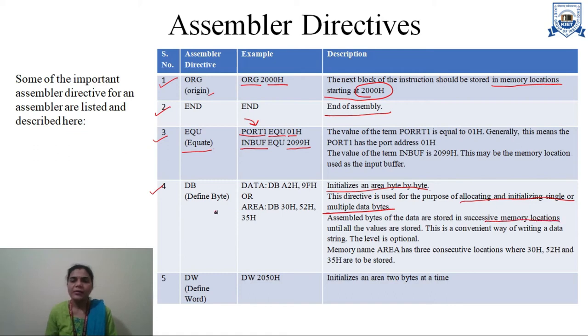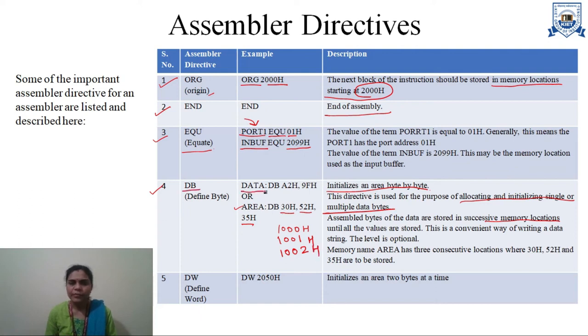For example, suppose we are assigning 3 bytes with the values 30, 52 and 35. These bytes will be allocated in memory in continuous locations. Suppose the first byte is at address 1000, then the next byte will be at 1001 and the next at 1002.